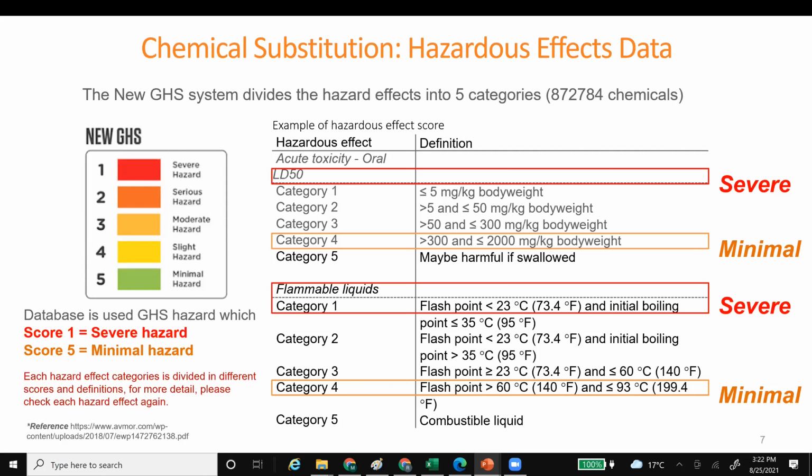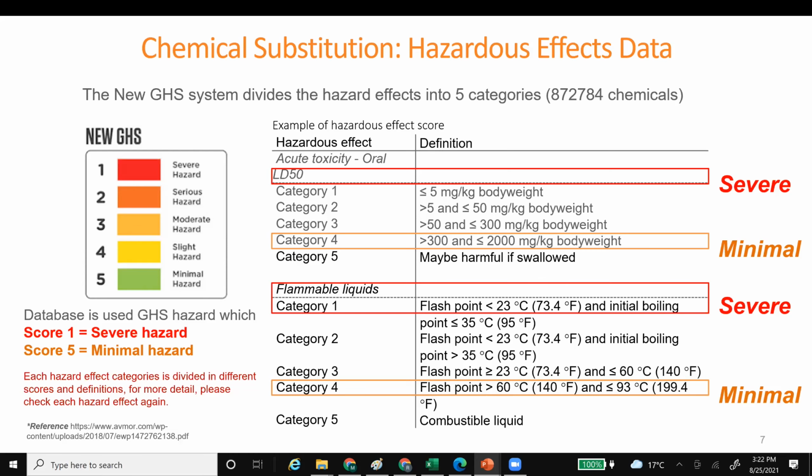The question is, how do we use it? The good thing about it is that if we collect all the data from different sources, this is almost 900,000 chemicals. So that's very good. We have a lot of information about these chemicals.